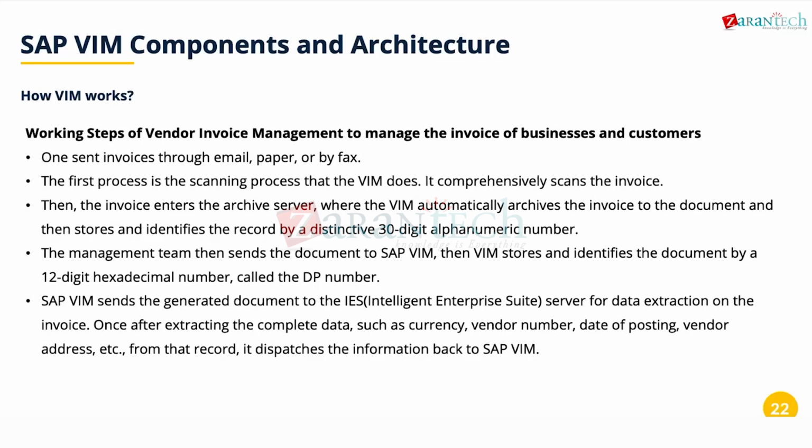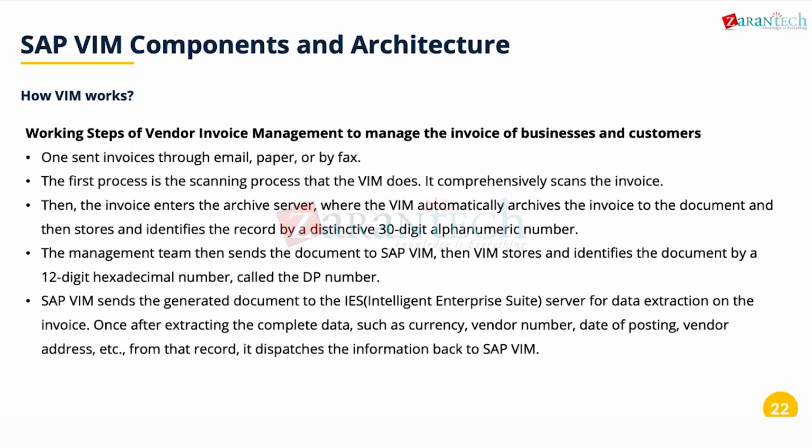One is the archive ID, the technical number that gets generated where it is actually sitting in the solution or the archive server. The next one is called the reg ID, or registration ID. This is used to identify the document through the BC process, where we have the scanning and everything. And this registration ID is converted into the DP number once it moves into the VIM solution.